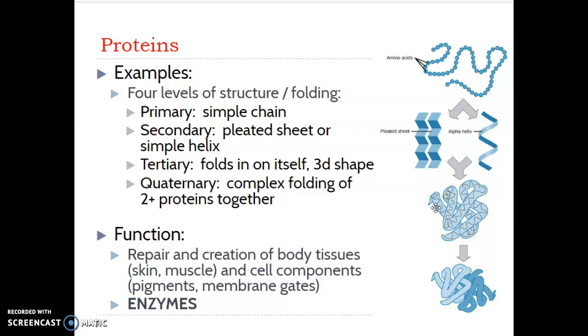So all of the pigments that allow you to get tan in the summertime or have freckles on your skin, those are all third-degree proteins or tertiary proteins. And then the fourth-degree proteins, their function is to function as enzymes. And I'm sure you've heard of enzymes before. Maybe you've heard of digestive enzymes, but we're going to talk specifically about all enzymes and what they do for biology.